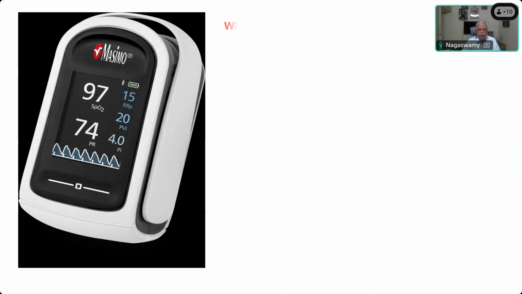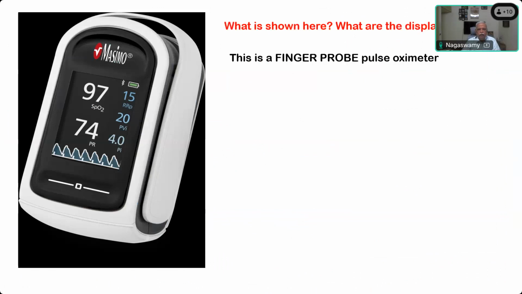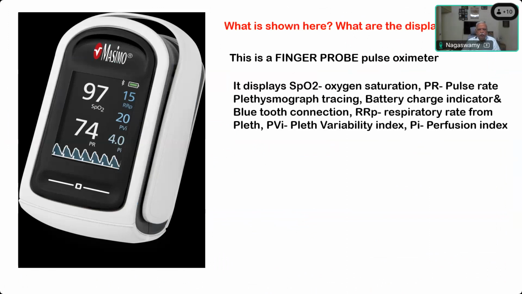All these things are removed. Okay, so this is a finger probe for pulse oximeter. It displays SpO2, that is oxygen saturation, plethysmographic tracing, heart rate, battery charge, Bluetooth connection, and then the respiratory rate from the plethysmograph, then pleth variability index, then perfusion index.